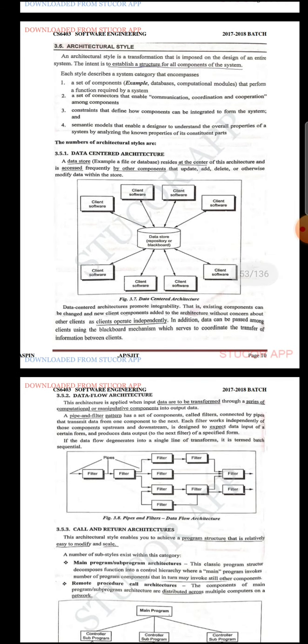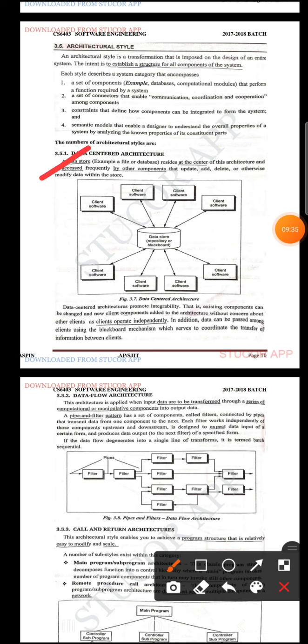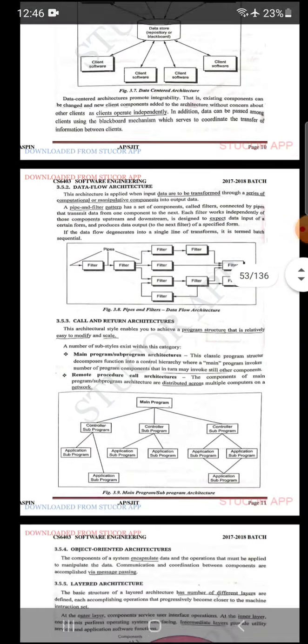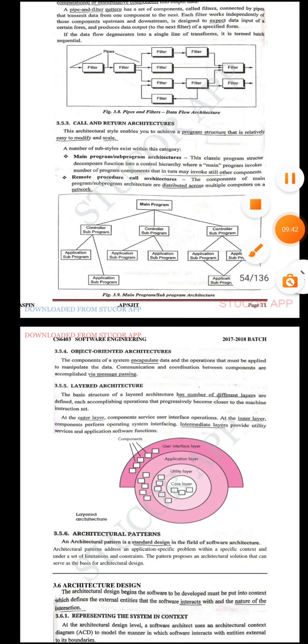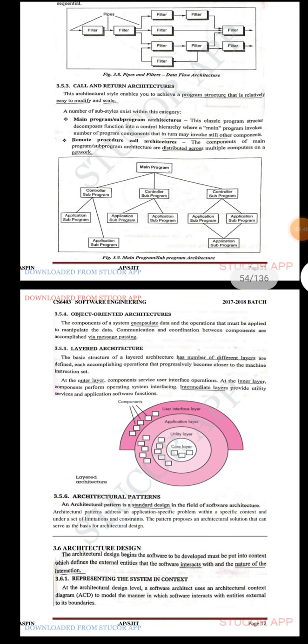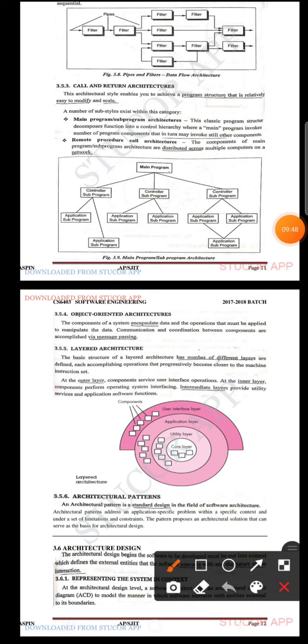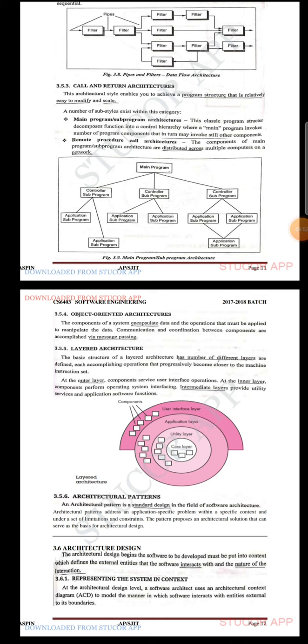So you have to write all the 4, like data centered architecture, data flow architecture, call and return architecture, and layered architecture, object oriented and layered architecture. So up to this you have to write for architectural styles. When a question is asked for architectural styles, you just decide you are going to write these headings. So this is very important.